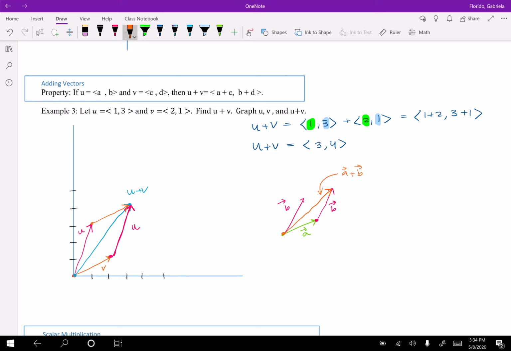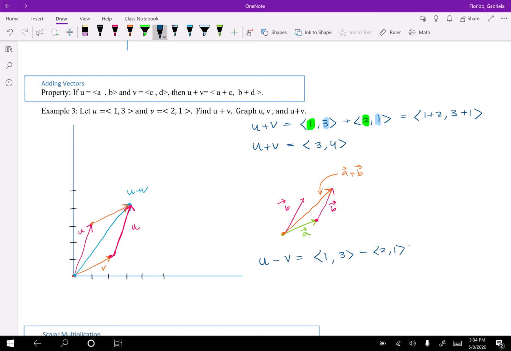Subtraction works about the same way. The formula is, of course, a little bit different. So if we want to subtract two vectors, if we want to do u minus v, we're still going to focus on the first component and the second component, but we're going to subtract them instead.